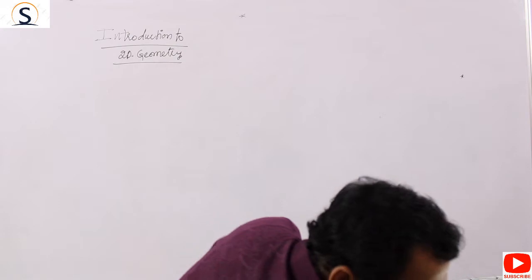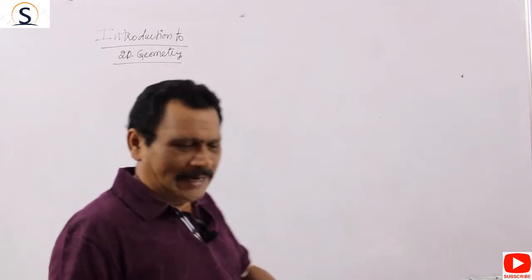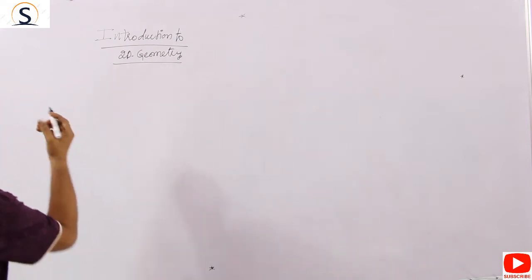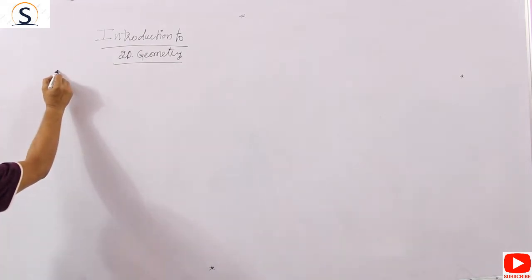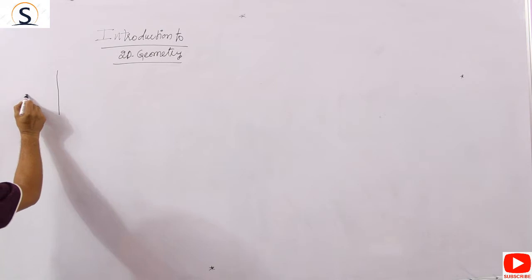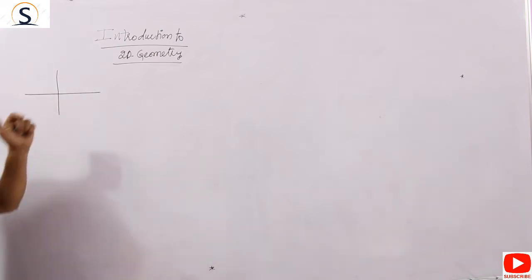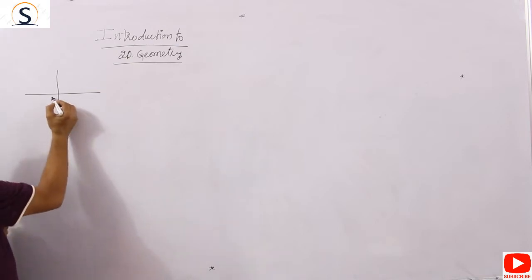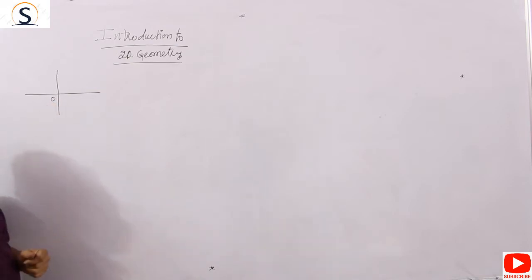In this introduction, these two perpendicular lines are intersecting at a point. So this point is called the origin.